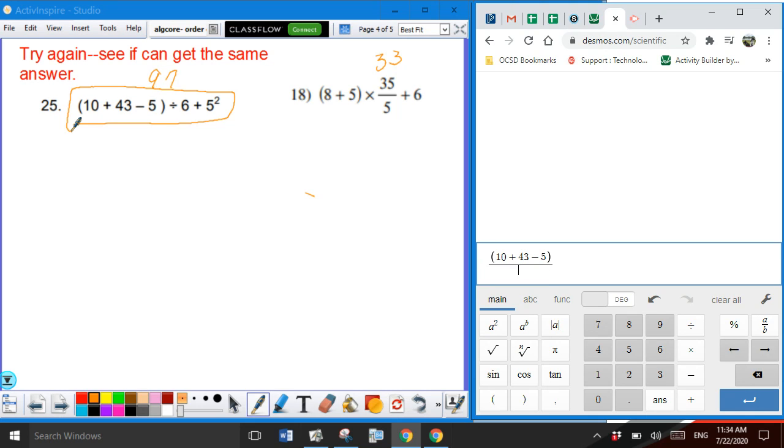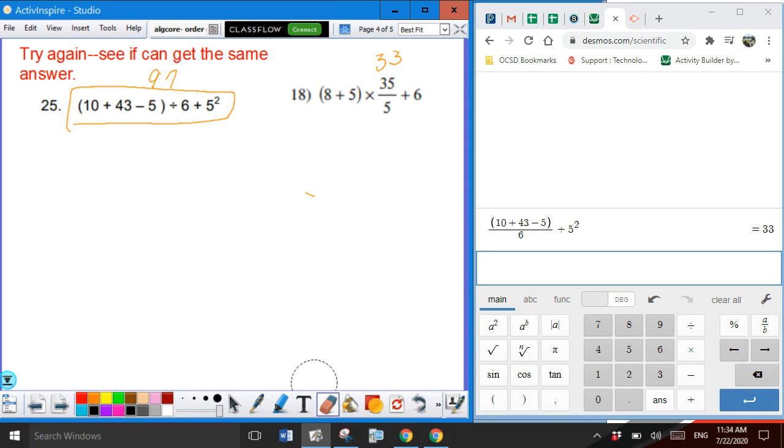And now I have to do divide 6. Now notice it made a fraction, which is fine. But I do still need to get away from the division to put in my plus 5 squared. So plus 5 squared total. There's my 33, and I wrote these backwards. So this one was the 33, and this one's the 97.